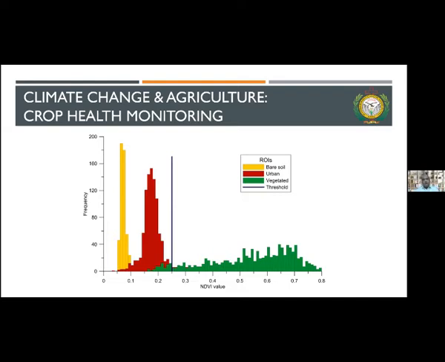The higher values will tell you that the vegetation is healthy or the intensity is good. Okay, it's not very sparse or dry vegetation. So that's good. Okay, let's move on to the next slide.